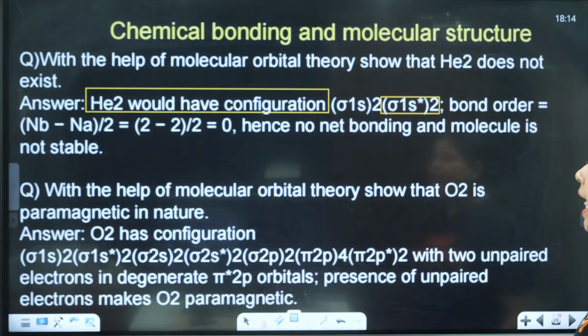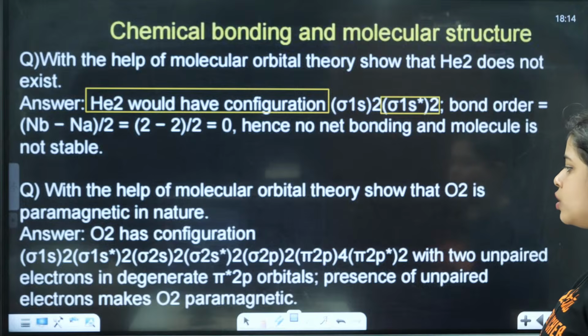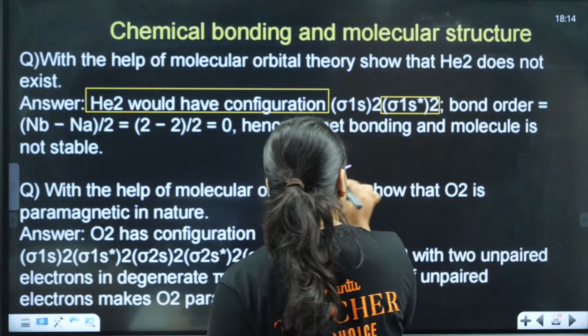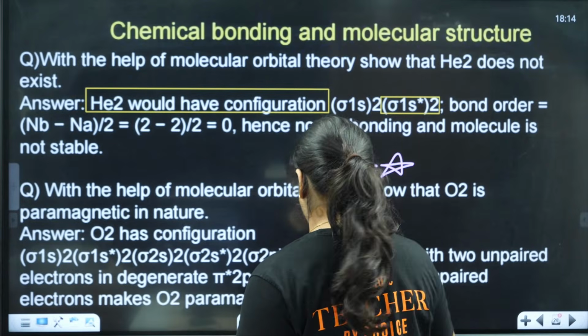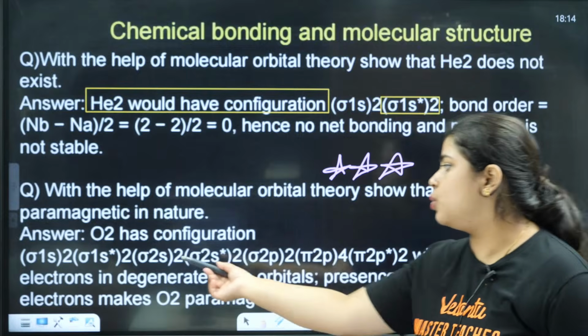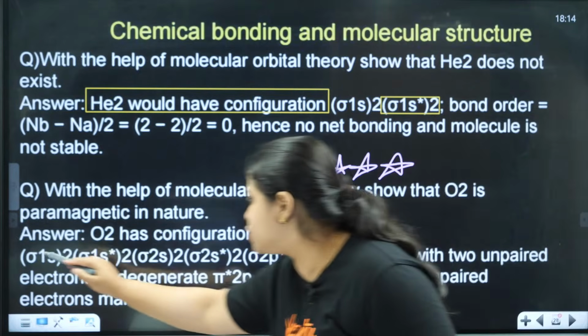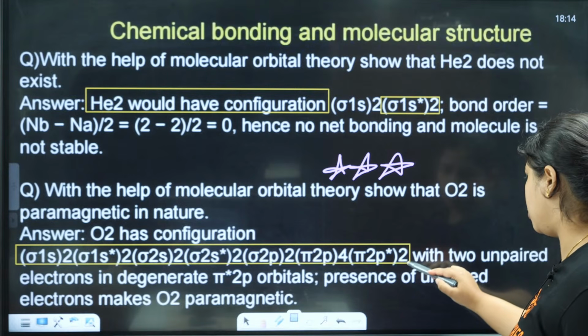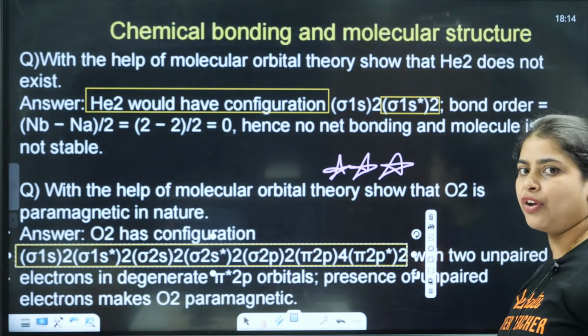Clear? With the help of the molecular orbital theory, show that O2 is paramagnetic in nature. Most repeated question, guys. Such questions will be asked a lot. O2 has this configuration, which you need to write according to the diagram. You know already how to draw the diagrams if you have studied.